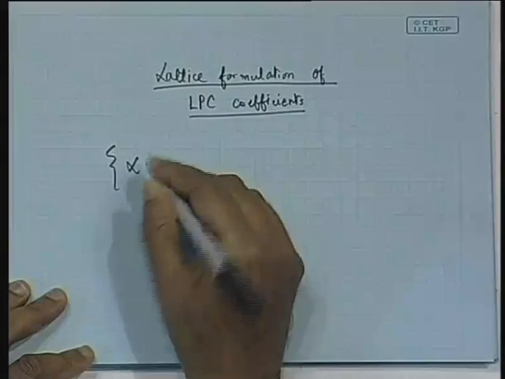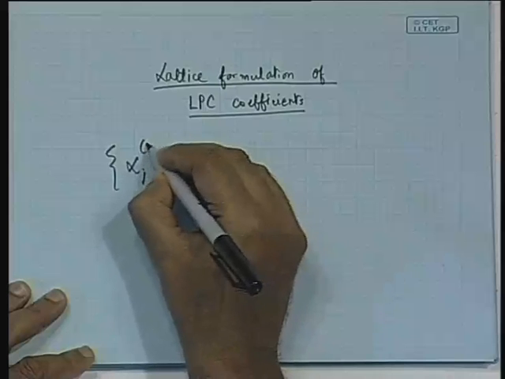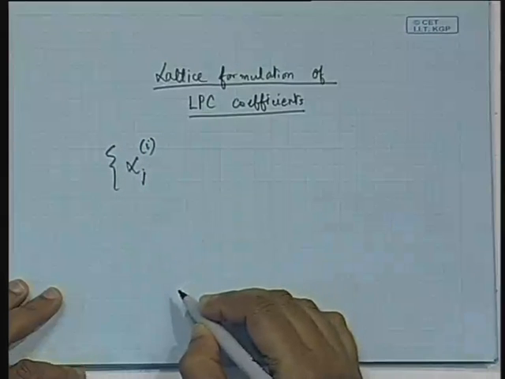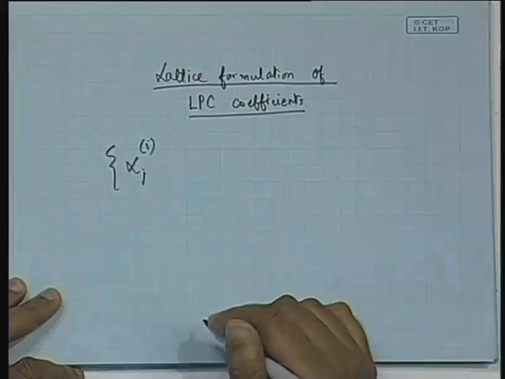So, before we begin the lattice formulation, let us go back to what we did in Durbin's algorithm for the autocorrelation. Remember that in Durbin's algorithm the set of coefficients which we were calling alpha j was written as alpha j with the superscript i, the superscript indicating the iteration number.